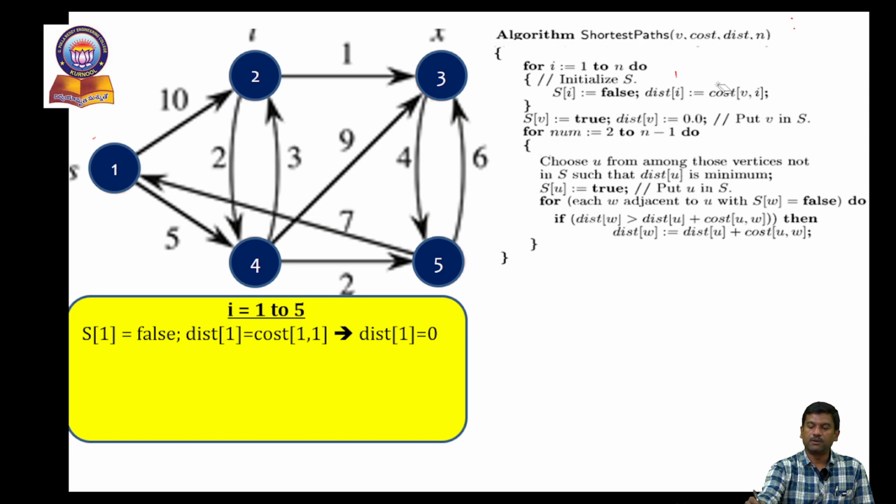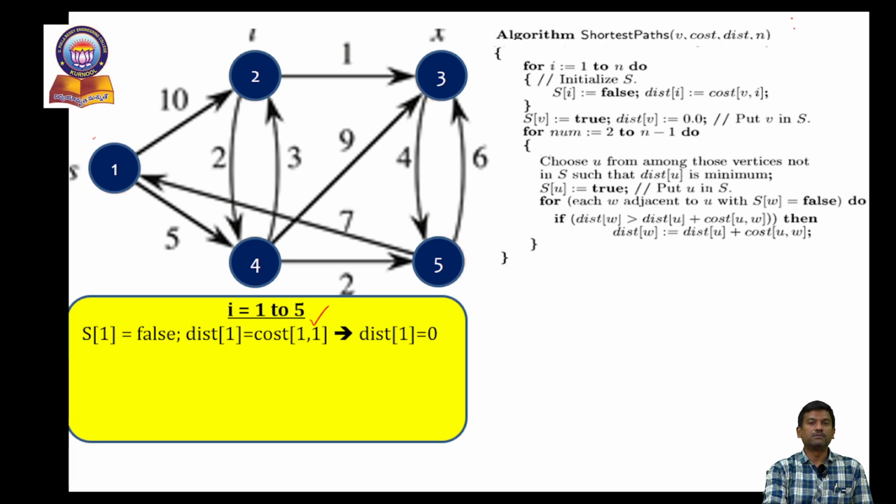The same thing you can observe within these steps: distance of 1 equal to cost of 1 comma 1. And what is cost of 1 comma 1? That will be equal to 0, because for any vertex you consider, going from the source vertex to itself, from 1 to 1, will be equal to 0. That is, distance of I comma I will be equal to 0.